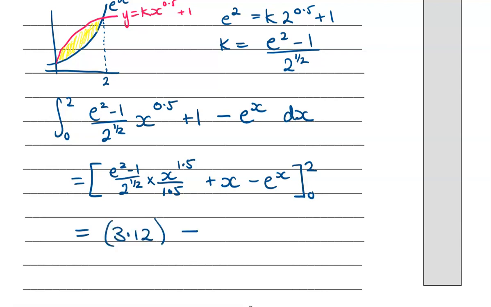Now when you put 2 into all of that, you get 3.12. Actually, no, I rounded wrong. It's 3.13. And then when you put 0 in, most of it goes away except for this e to the 0 at the end, so it's minus e to the 0. Anything to the power of 0 is 1, so that's a minus 1, and we get 4.13.